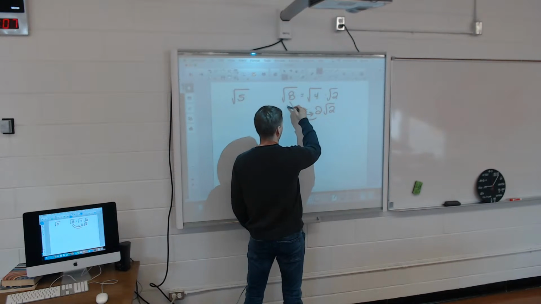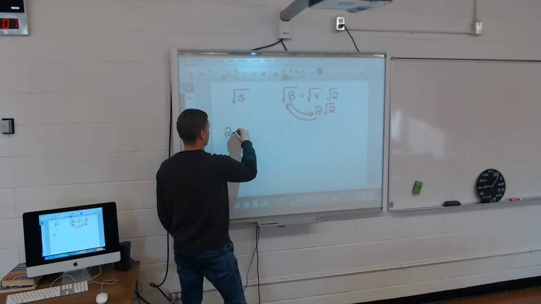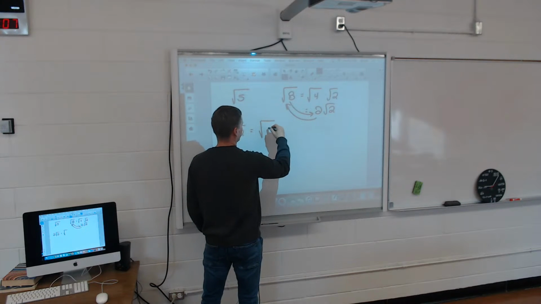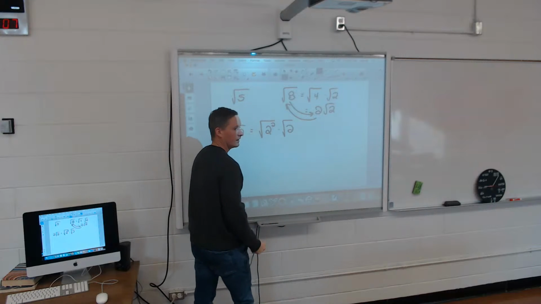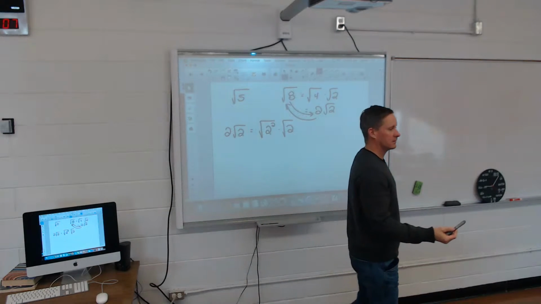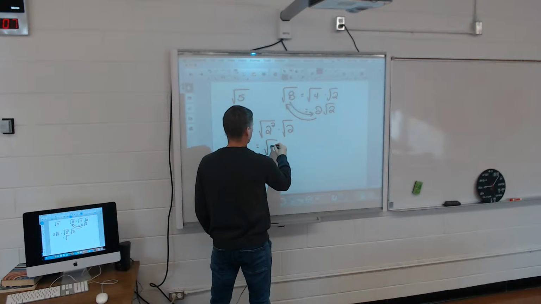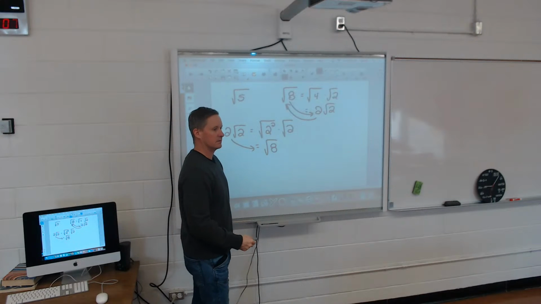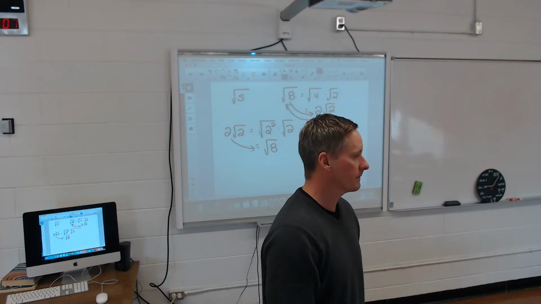To go the other way, from 2 root 2 to root 8, because it's a rooted value, I root the coefficient and I also square it. Because the square root and the squared value cancel themselves out, right? So I've got 4 times 2. This works out to root 8. So this is going from a mixed to an entire radical. And that's all you're doing in this lesson, flip-flopping back and forth.